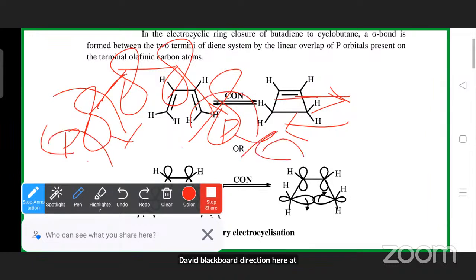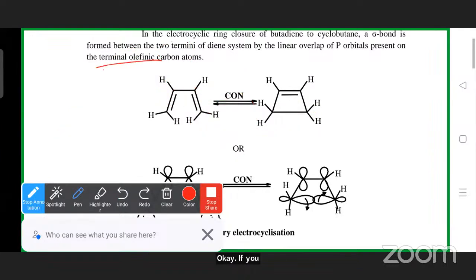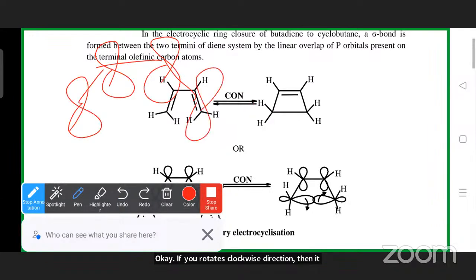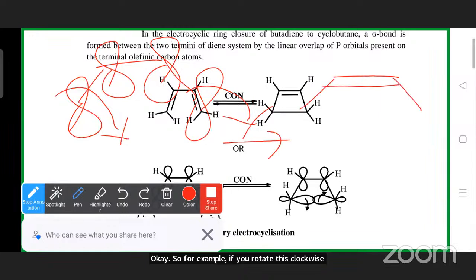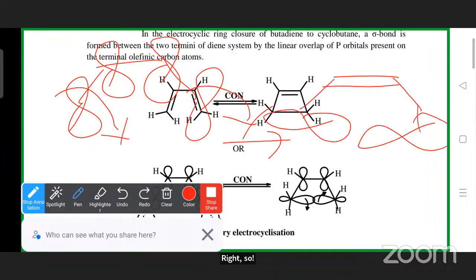If you rotate this clockwise, and this one here like this, then you will get this orientation.